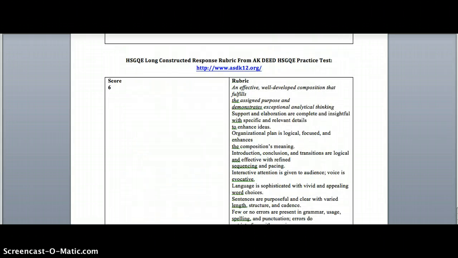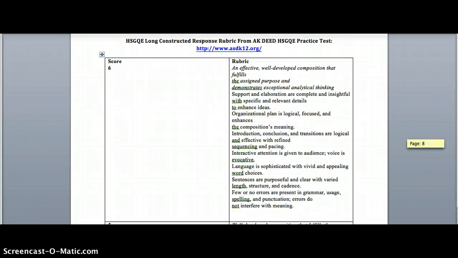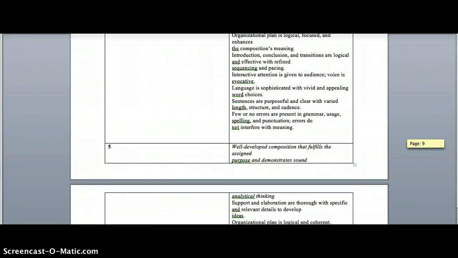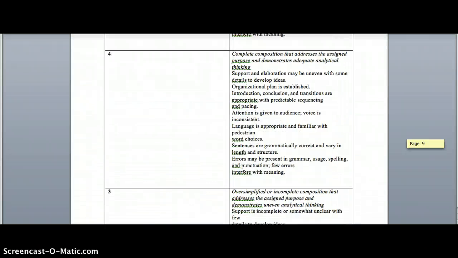So here we have the rubrics as discussed, including the HSGQE long constructed response rubric for the HSGQE writing practice test. This will be the tool that we use to govern assessing all of our writing.